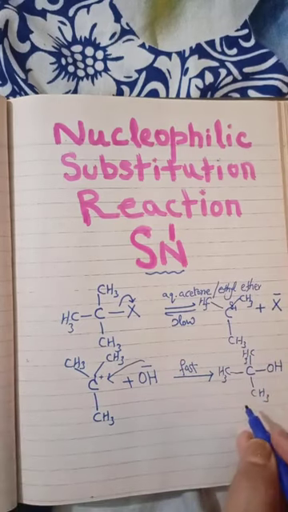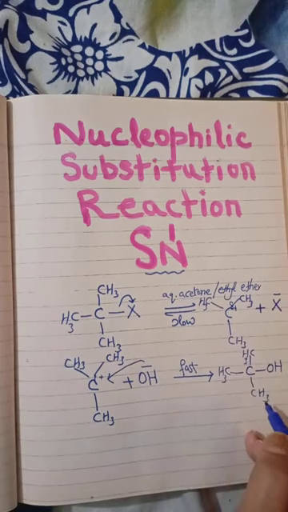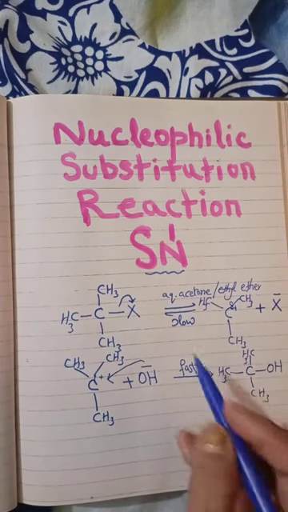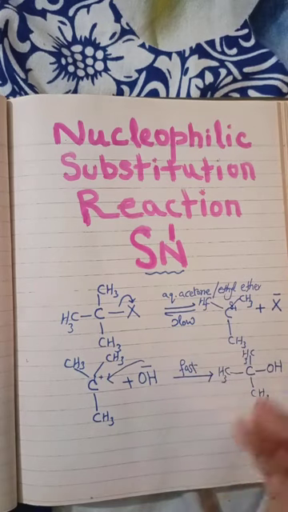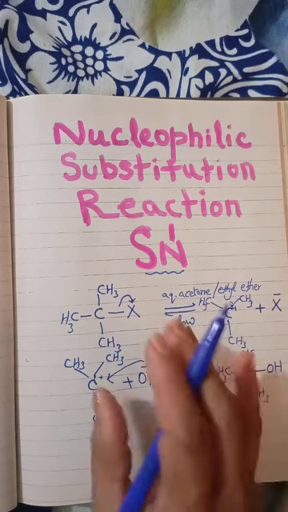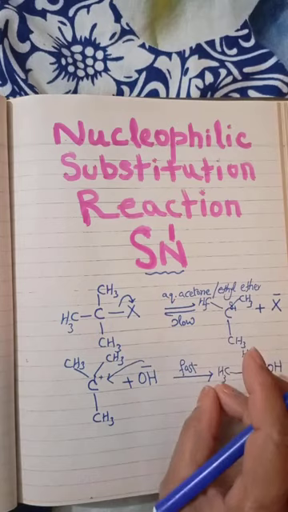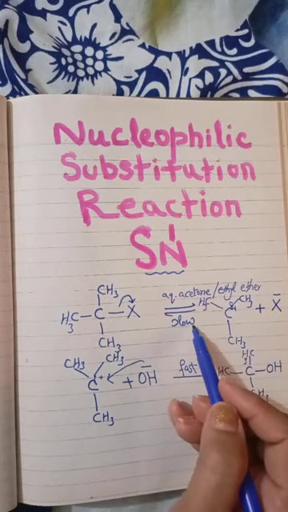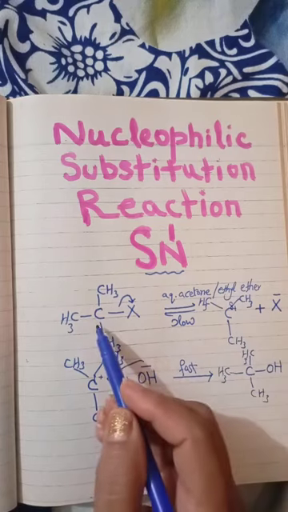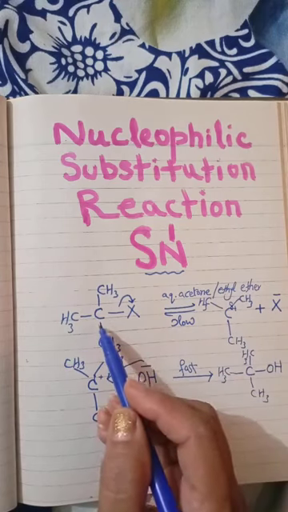So in the nucleophilic substitution reaction, the reaction completes in 2 steps. The first step is called the slow step or the rate determining step. In this step only one molecule is taking part.